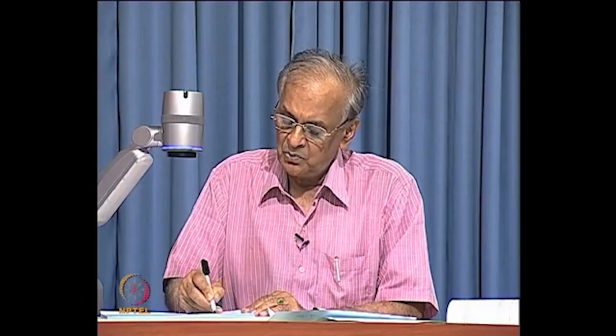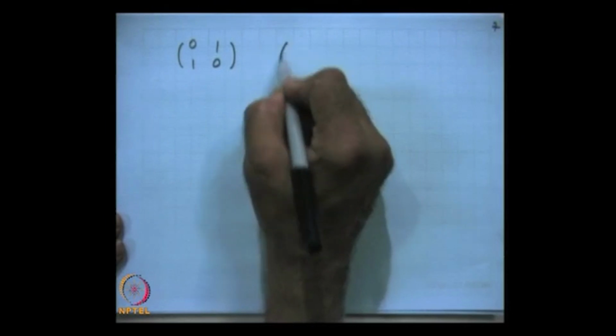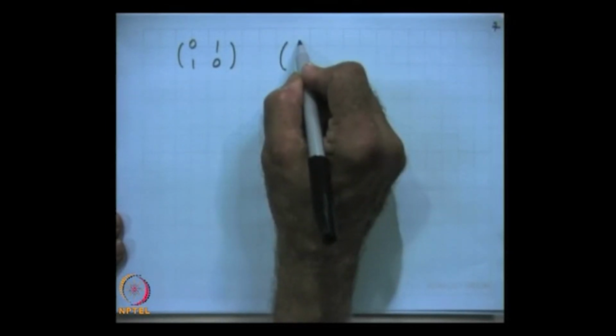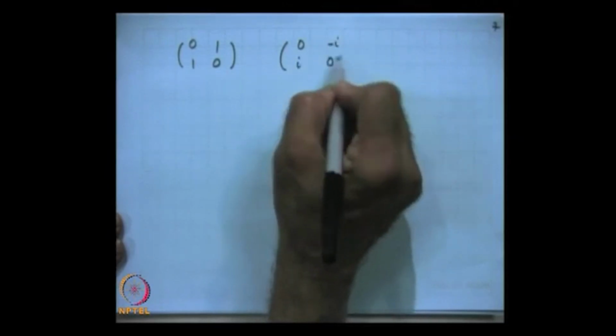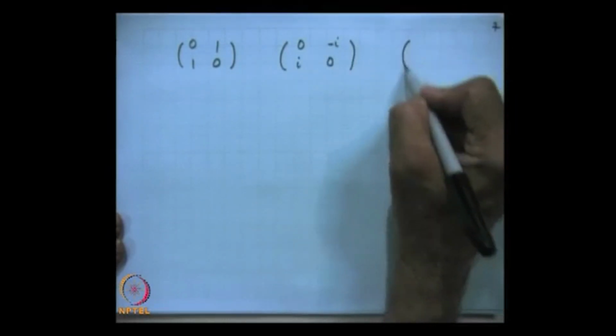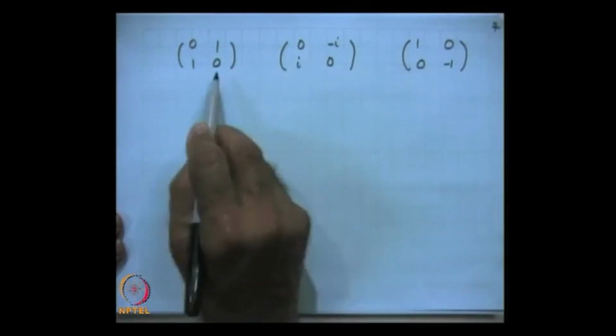It is something similar to when we considered the matrices 0 1 1 0, 0 minus i i 0, and 1 0 0 minus 1. These are actually the Pauli spin matrices. These three matrices do not commute with each other.